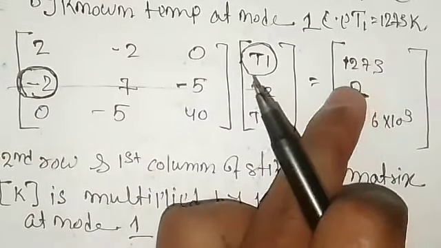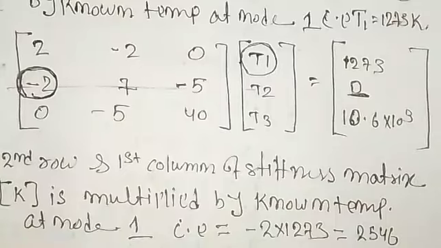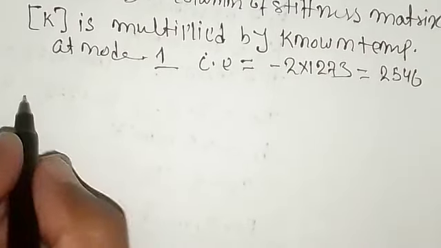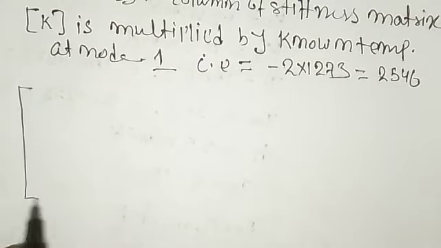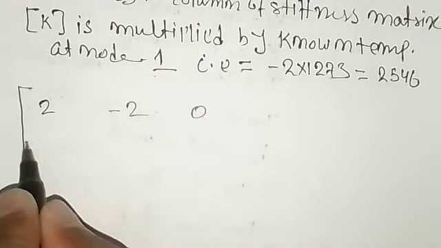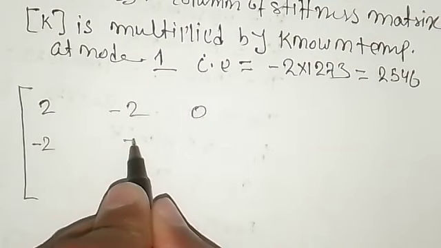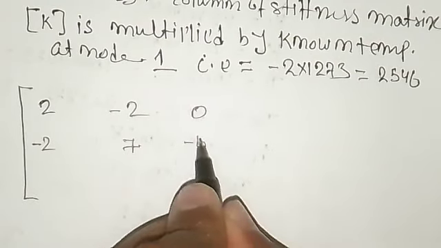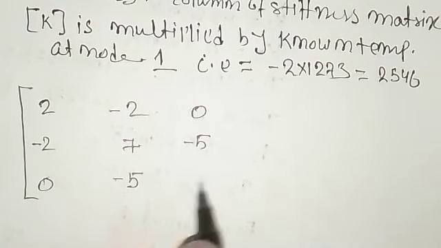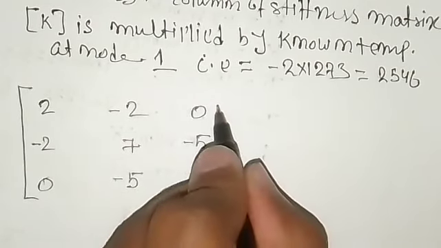So the modified equation further will be 2, minus 2, 0; minus 2, 7, minus 5; 0, minus 5, and 40, right?